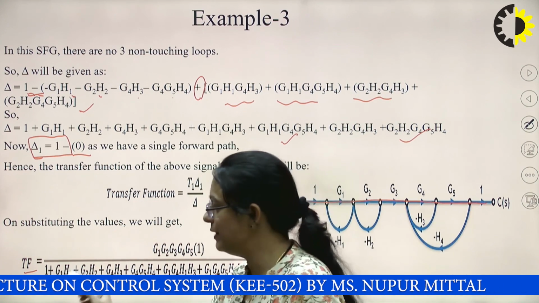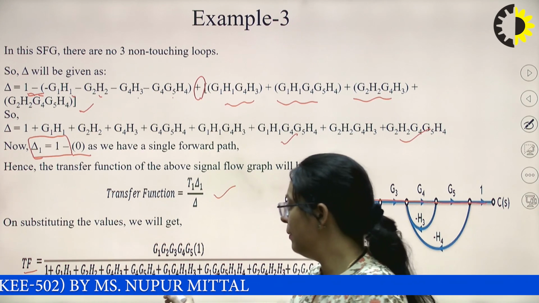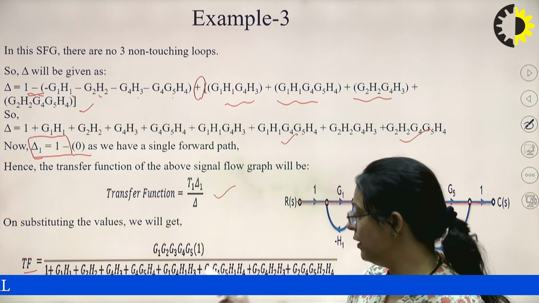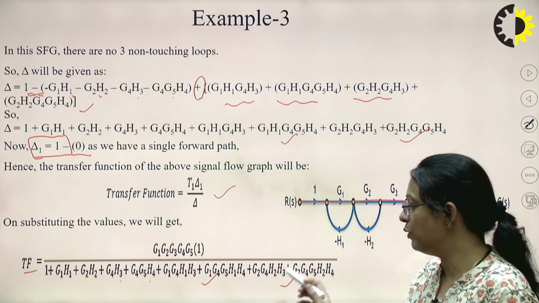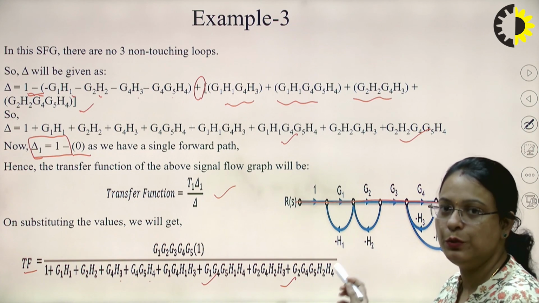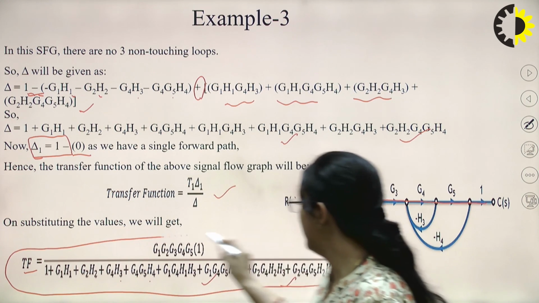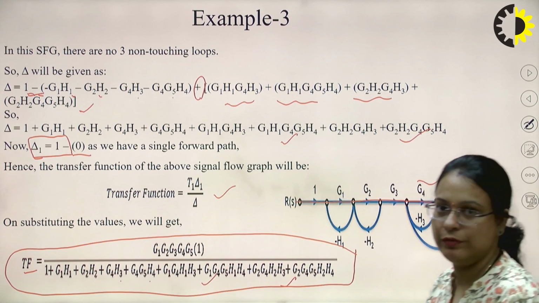That is 1 plus G1H1 plus G2H2 plus G4H3 plus G4G5H4 plus G1G4H1H3 plus G1G4G5H1H4 plus G2G4H2H3 plus G2G4G5H2H4. So this is the value of the transfer function for this particular signal flow graph.